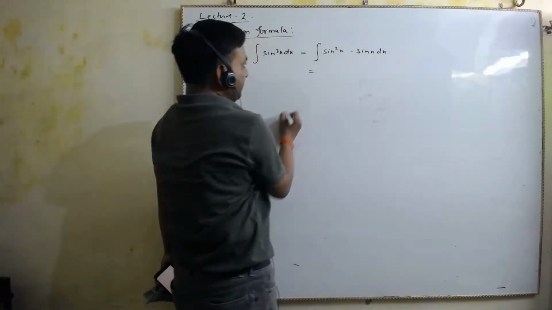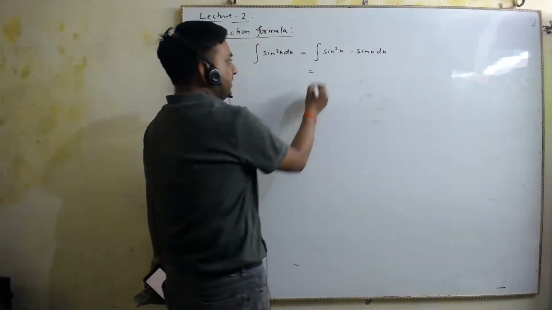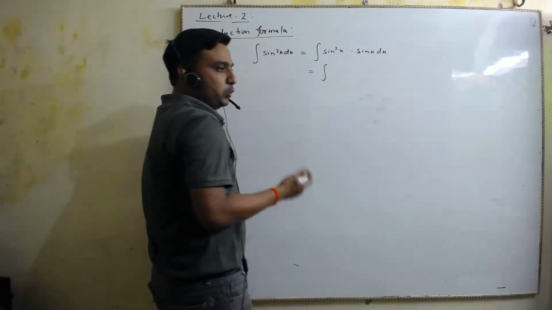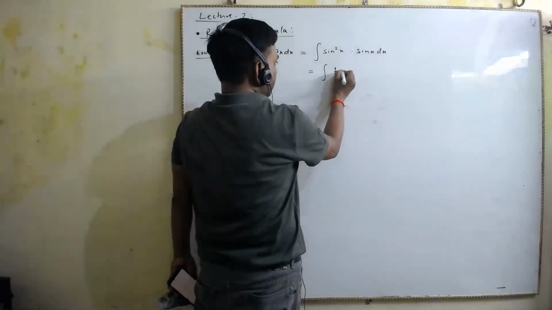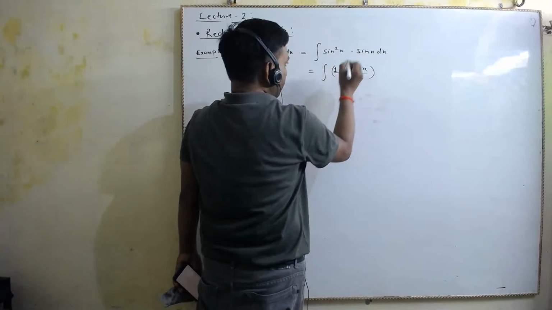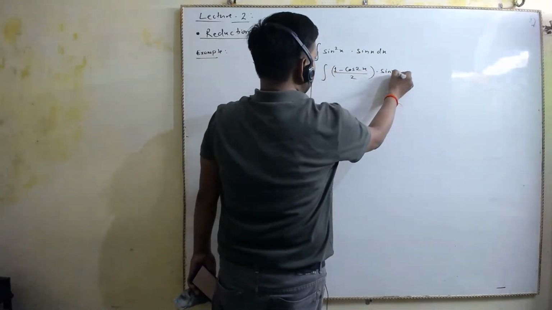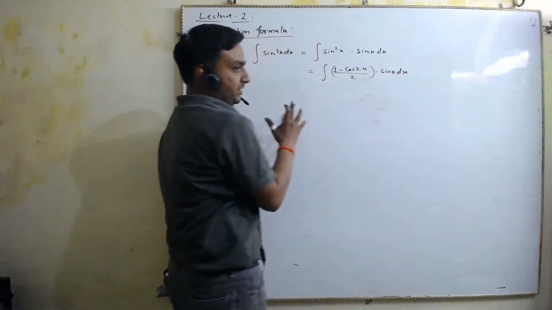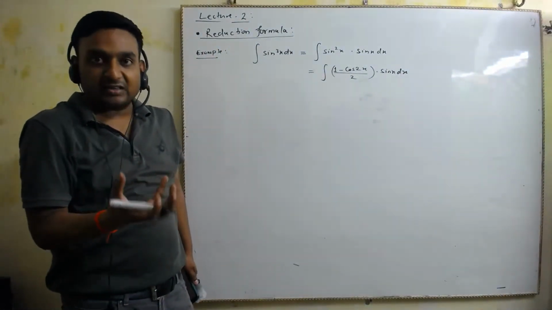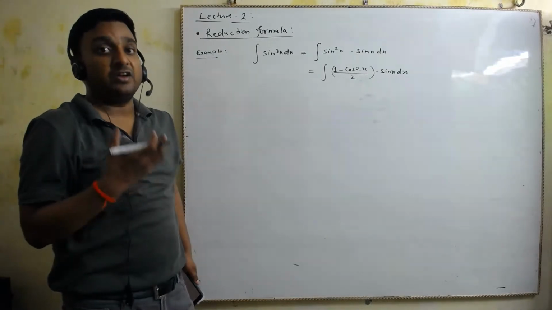Whenever you have sine square x or cos square x, we will always replace that with cos 2x. So this can be written as (1 minus cos 2x) divided by 2 into sin x dx. I am just giving you from where the intuition comes for reduction formulas.